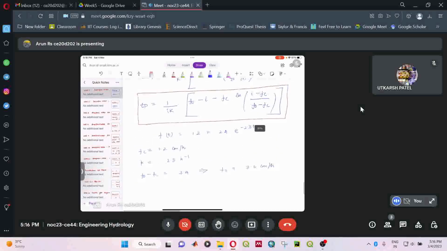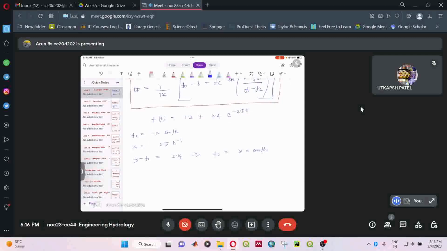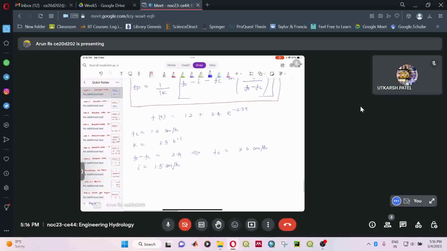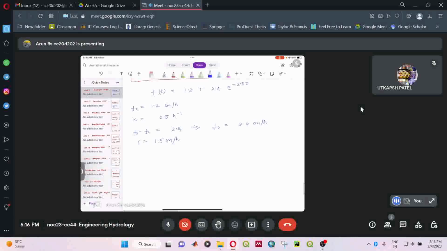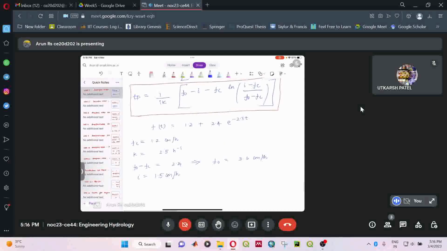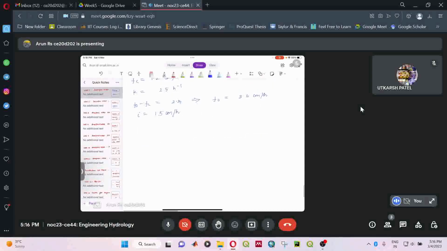Now we can simply substitute. We know all the values, and in the question I is given as 1.5 centimeter per hour. So we can substitute all the values in the above equation to calculate the time of ponding.